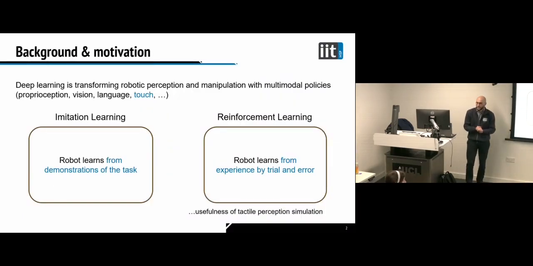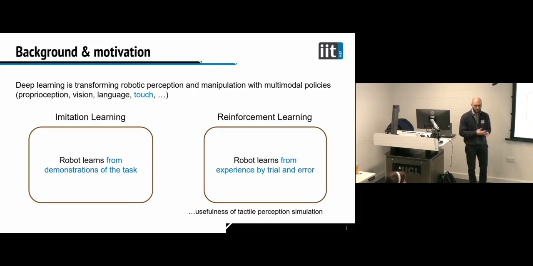So recent deep learning models are transforming robot perception and manipulation by combining different input modalities: vision, proprioception, language, and even touch, and whatever sensor you can use is better to use it. And touch is still unsolved, let's say.